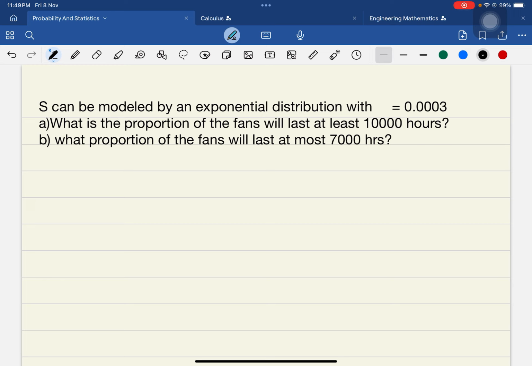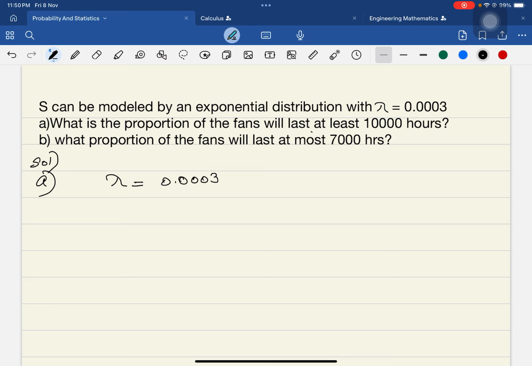The life of fans can be modeled by an exponential distribution with lambda equal to 0.0003. What proportion of the fans will last at least 10,000 hours? Now how to solve this? For part A, it is already given that it is an exponential distribution with lambda 0.0003.